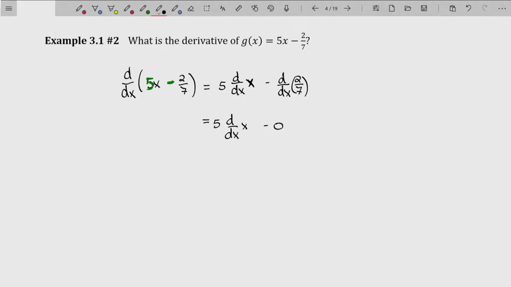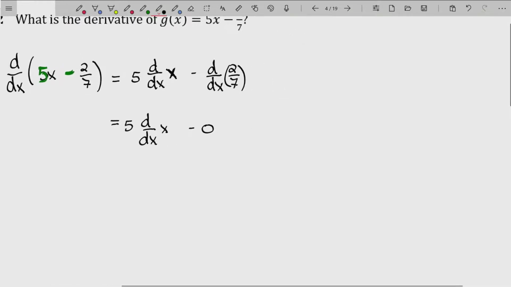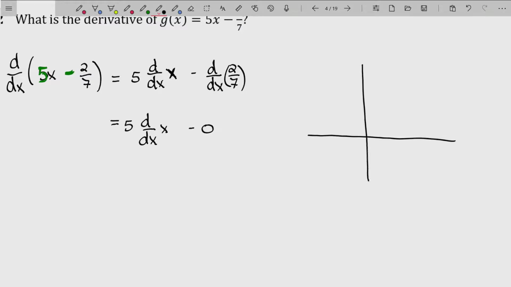Now remember what the derivative stands for. The derivative stands for the slope of the tangent line at any given moment. Well, if I graphed out y equals x, which is exactly what we're looking at right here, y equals x, what is the slope of that curve at any given moment?